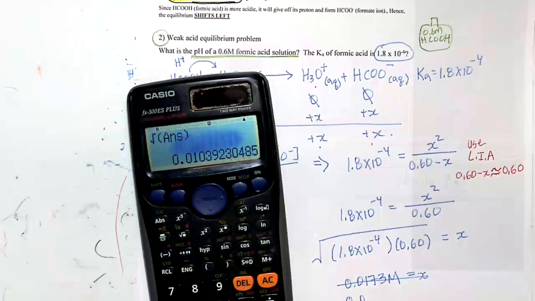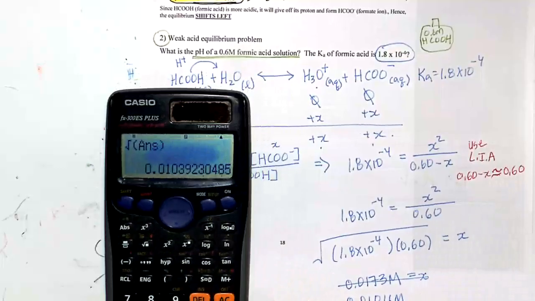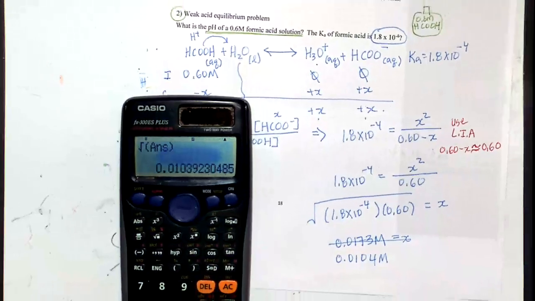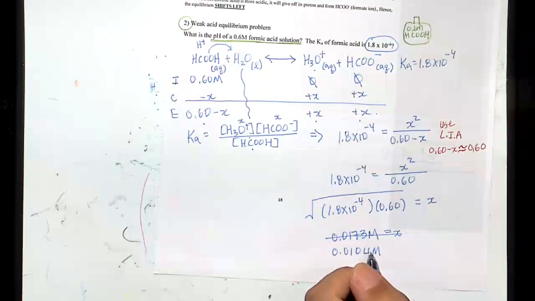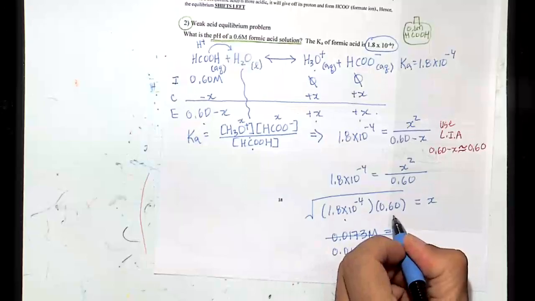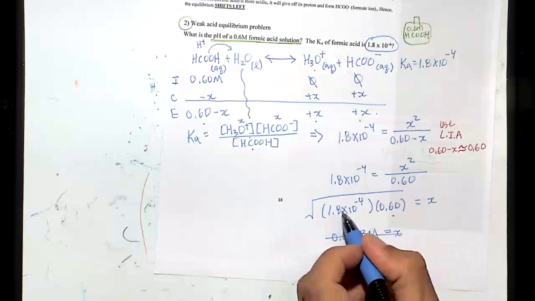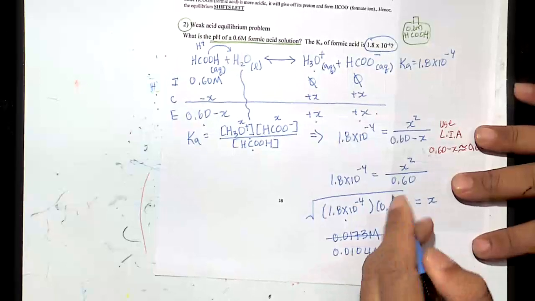Okay, so we have 0.0104 molar. Make sure you know how to do that on your calculator. This is a pretty bad calculator in terms of its buttons. So this is what I get after the low ionization assumption and square root. But what does this x mean? What is this x?